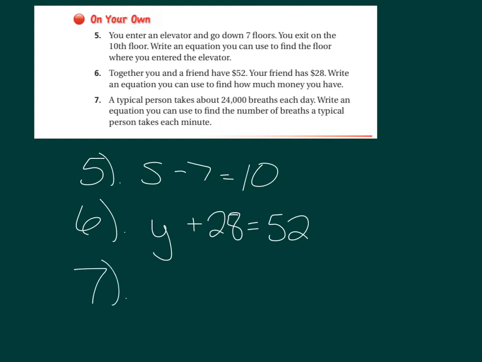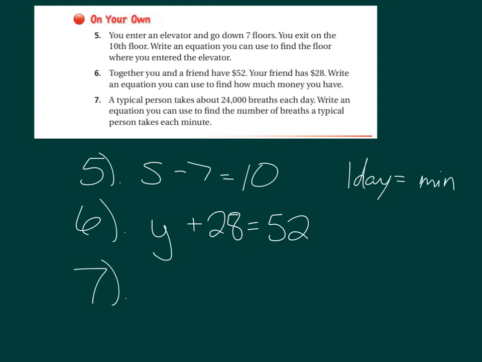A typical person takes about 24,000 breaths each day. Write an equation you can use to find the number of breaths a typical person takes each minute. This one is going to require a little bit of work. What we need to do is figure out how many minutes are in one day.